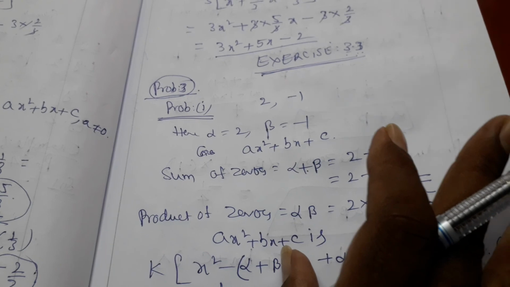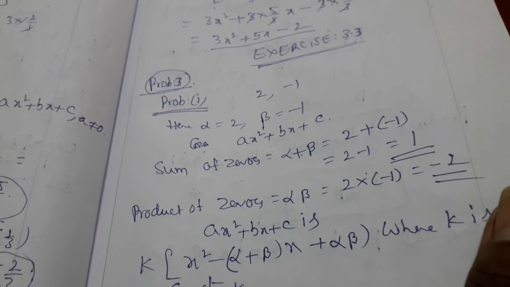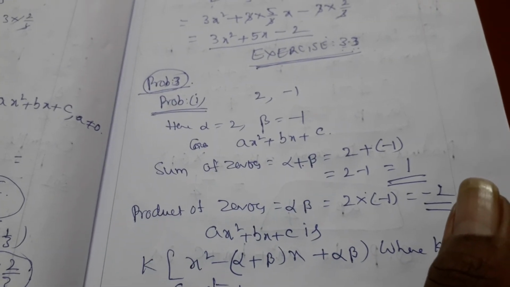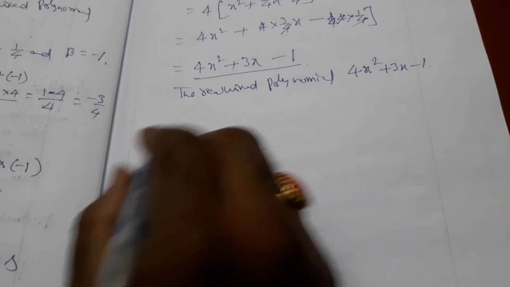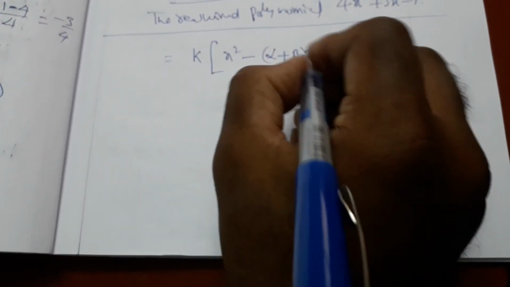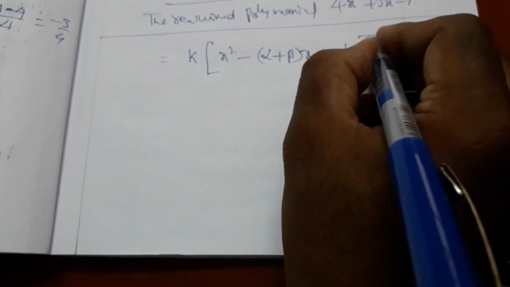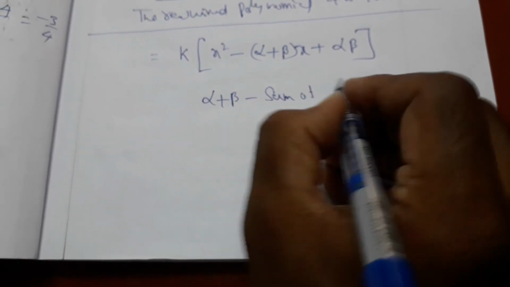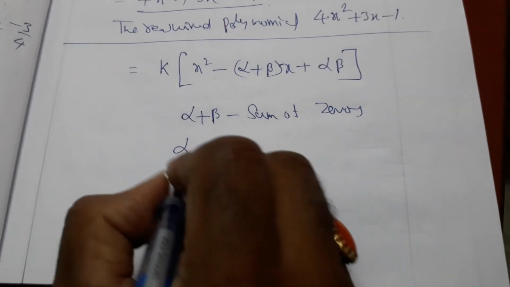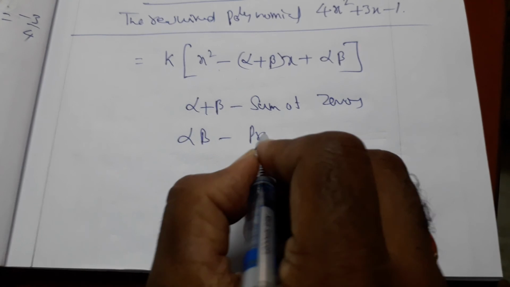In the problem they may give 2 zeros, then we have to solve by the formula. The important formula here for the required equation is k into x square minus alpha plus beta into x plus alpha into beta. Here alpha plus beta is the sum of zeros, and alpha into beta equals the product of zeros.